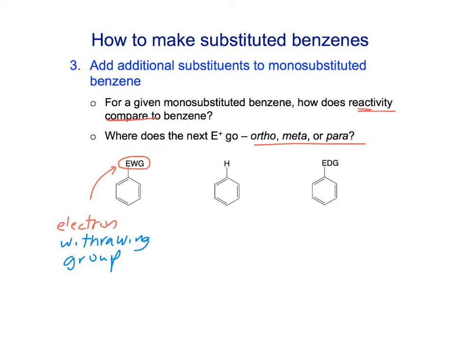So if we put an electron withdrawing group here, which is going to pull electron density away from the ring, is that going to make it more reactive or less reactive? This should cause it to be less reactive. Okay? So this would be deactivating.